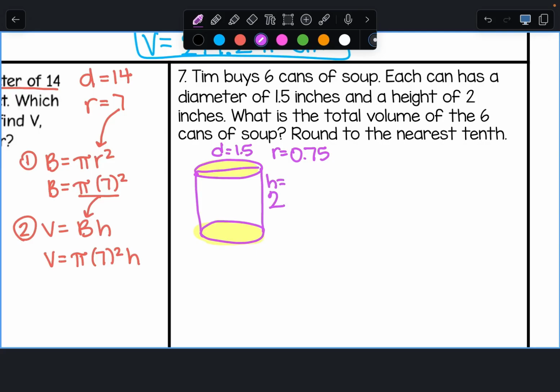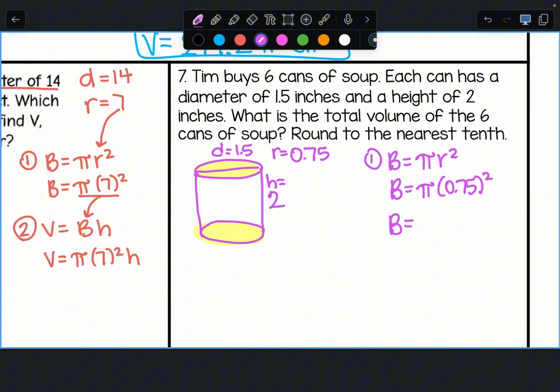So we do that by finding the area. Pi r squared. 0.75. Does it say in terms of pi or anything? No. So we type everything in. If it doesn't say in terms of pi, everything is fair game. Put it all in there.